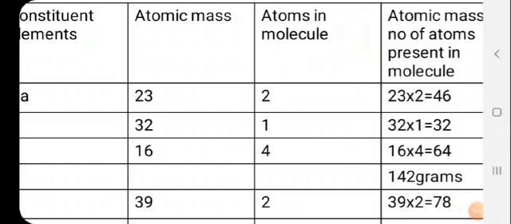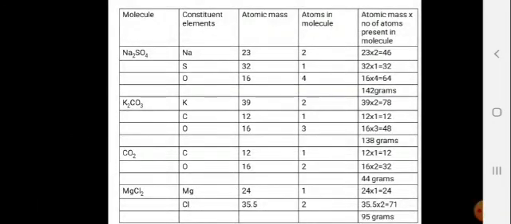So 23 multiplied by 2 is 46, 32 multiplied by 1 is 32 and 16 multiplied by 4 is 64 and molecular mass is the sum of atomic masses of the constituent atoms. So if you add 46, 32 and 64 together, you will get 142 grams as a molecular mass of sodium sulfate. 142 Dalton and 142 grams are the two units which help to express molecular mass of the compound.